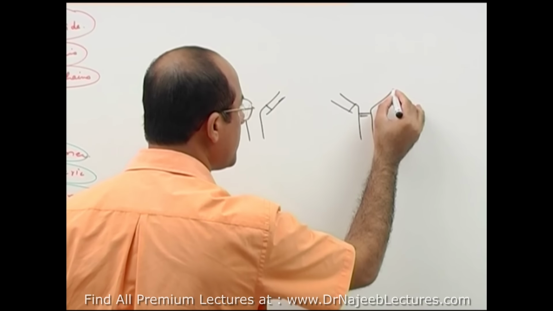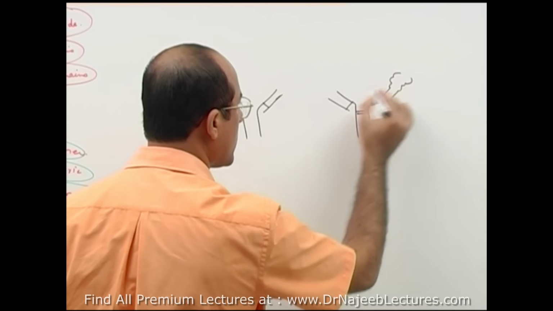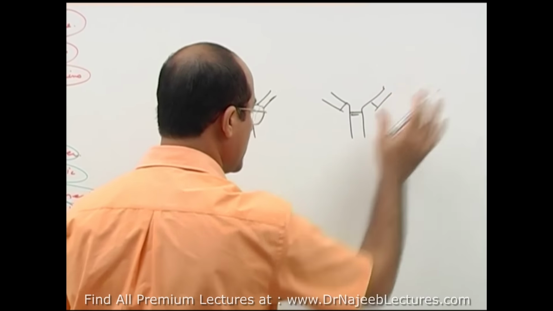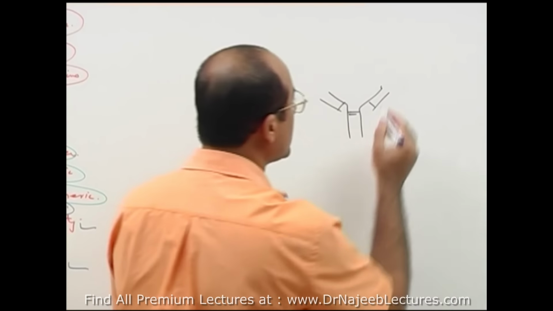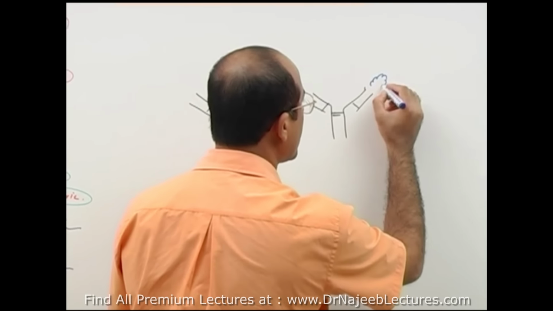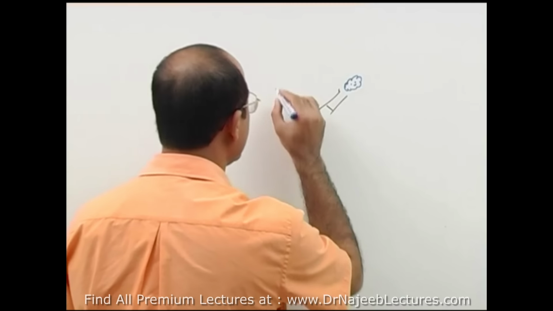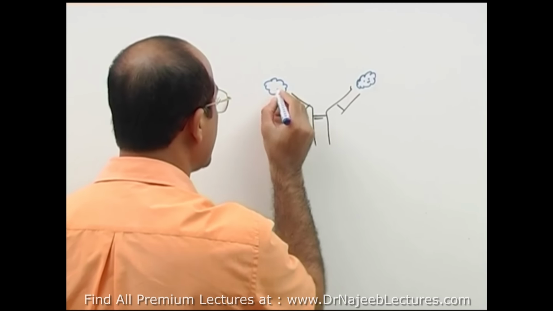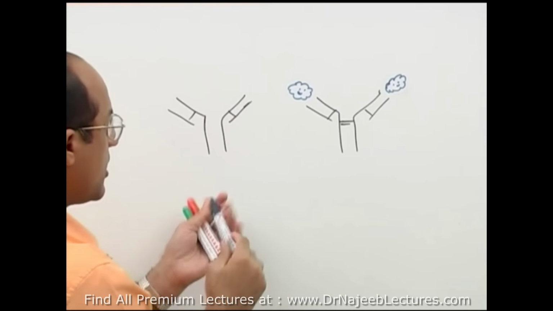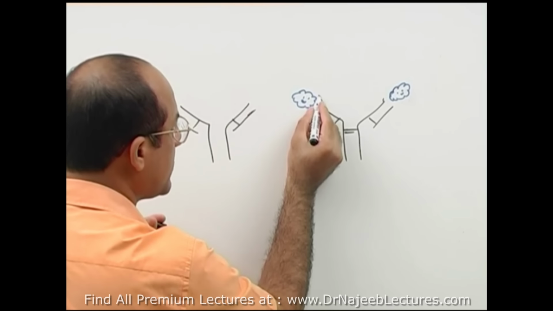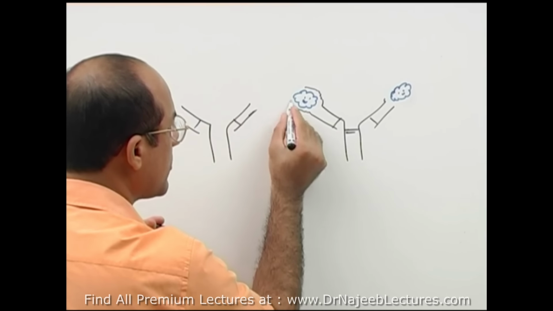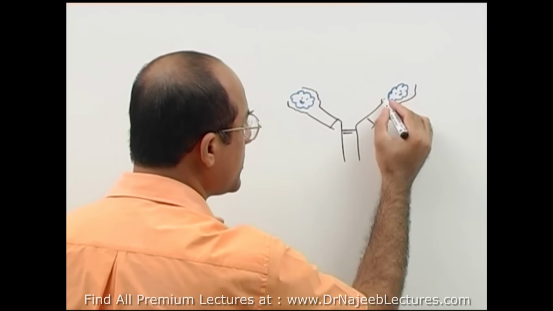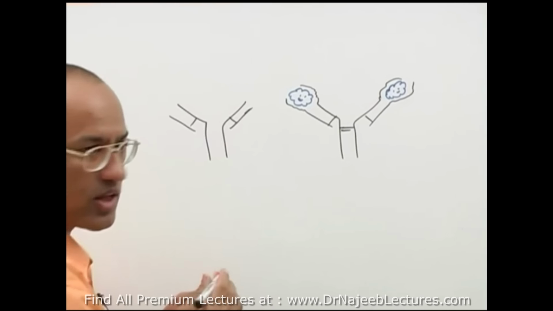First I will make the antigen here. This is the antigen and here this is the antigen. Now this antibody molecule has these variable regions which are binding with antigen.